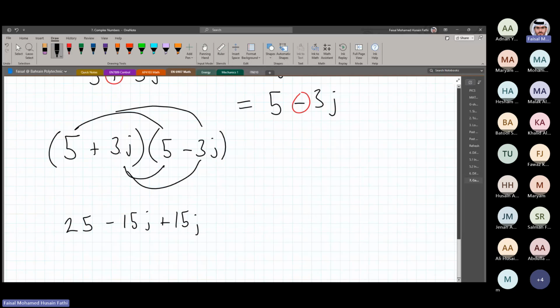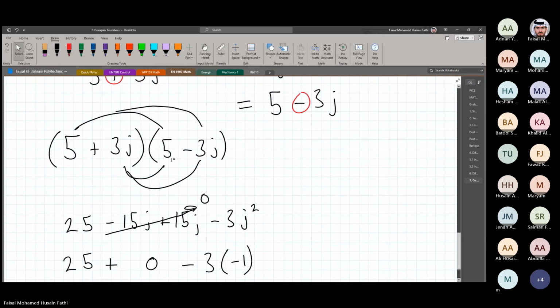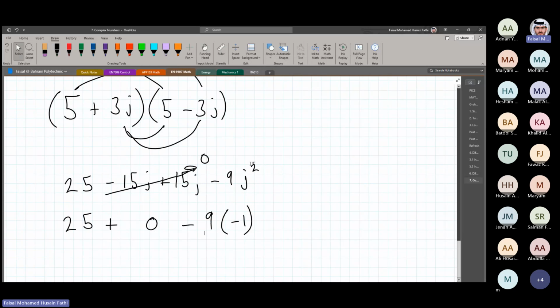Minus 3j times plus 3j becomes minus 9j squared. Notice the middle part becomes 0, minus 15 plus 15. Oh, this is 9j squared, not 3j. It's 3j times 3j, which becomes 9j squared. 9j, sorry about that. j squared becomes minus 1.